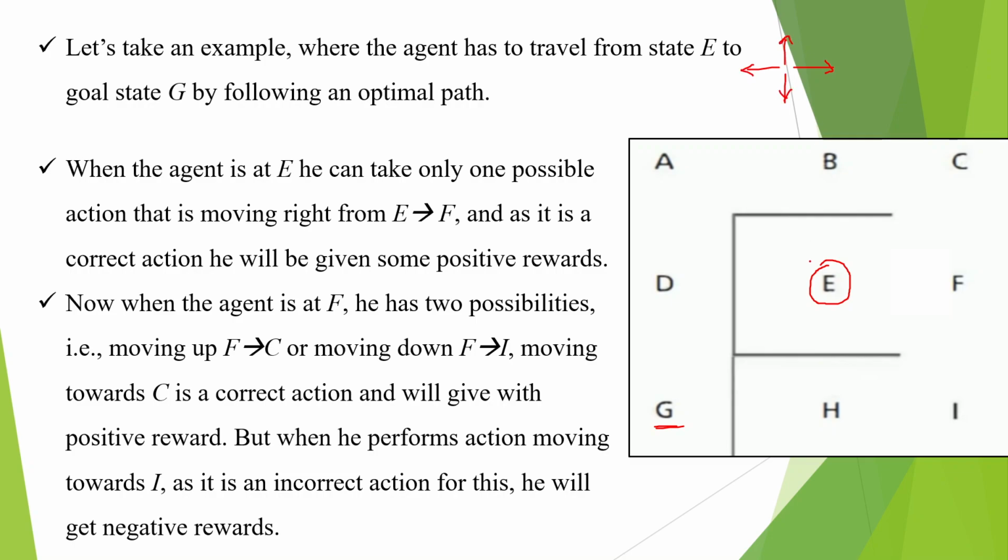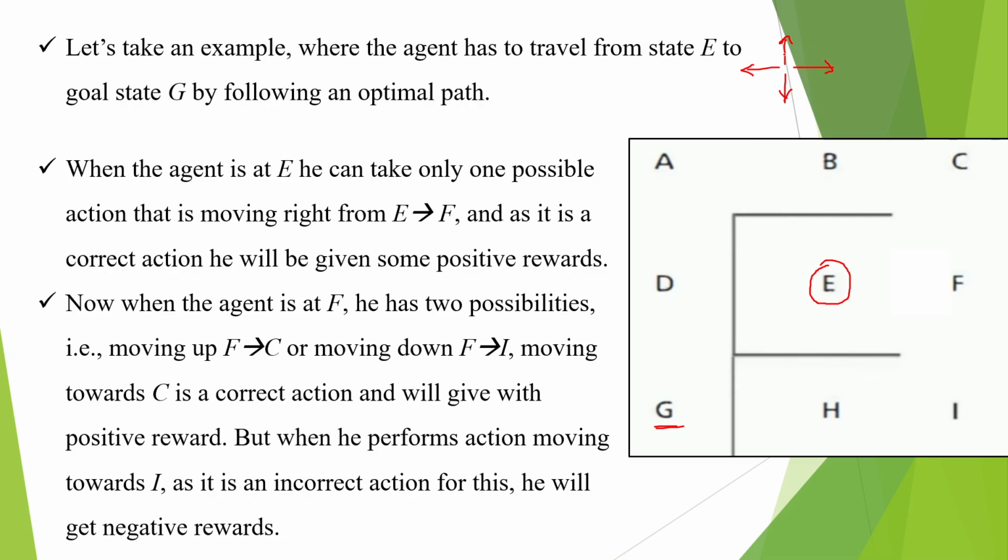Only these types of movements the agent can take. No diagonal movement is possible. For our simplicity, we are avoiding diagonal movement, but in real time the robots can take diagonal movements also. But for easy understanding, we said it can move only in these 4 possible directions: upwards, downwards, rightwards, and leftwards.